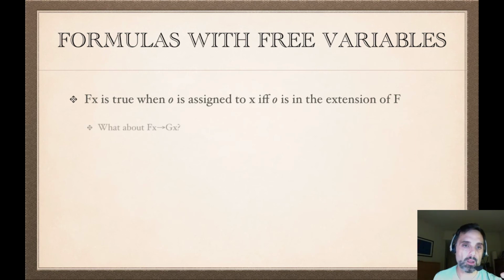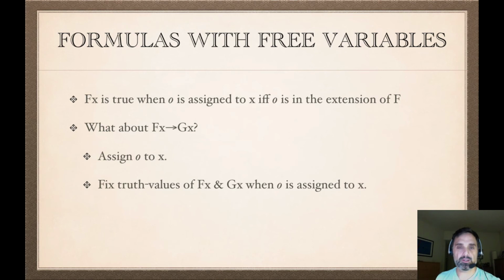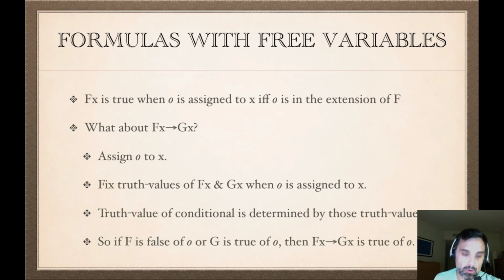So what about "if Fx then Gx"? Well, assign O to x again, and that will fix the truth values of Fx and Gx when O is assigned to x. Either O is or is not in the extension of F, either O is or is not in the extension of G. And then the truth value of the conditional is determined by the truth values of Fx and Gx when x is assigned O. So, if F is false of O, then Fx is false, and so the antecedent of the conditional is false, and so the conditional is true.